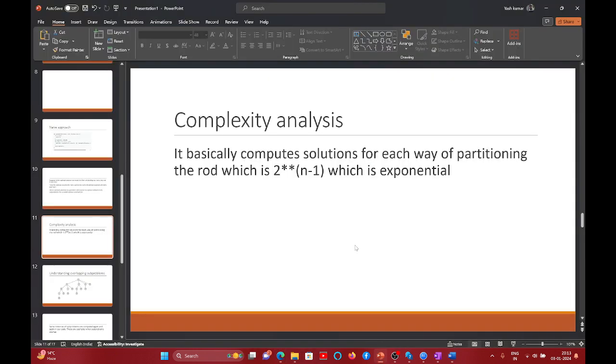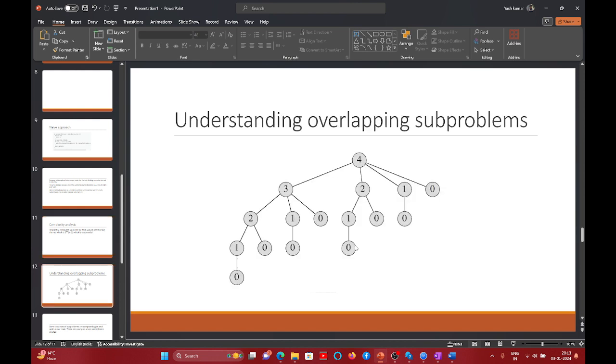So now we'll try to optimize it. Here comes the second property we are talking about. One was the optimal substructure that we already looked at, and the other is overlapping subproblems. Suppose we are trying to solve for a rod of length 4. Then just look here.